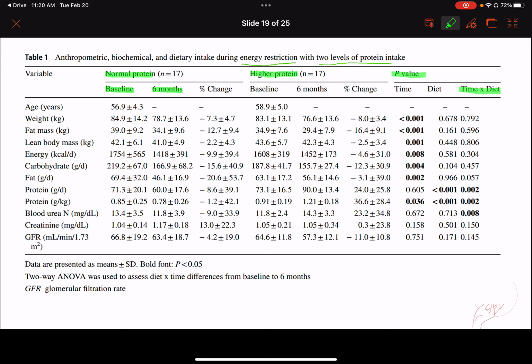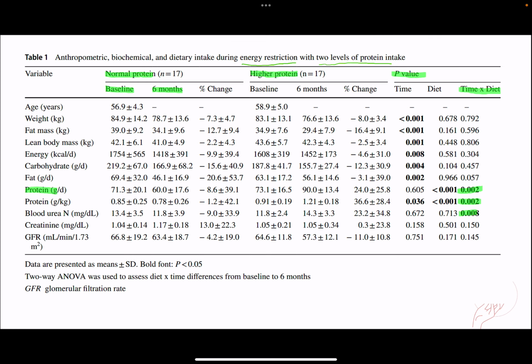We want to see the effect of the diet over time. And there's only a couple. Obviously, the amount of protein per day is going to be different. That's also protein or grams per kilogram. So that's our diet manipulation.